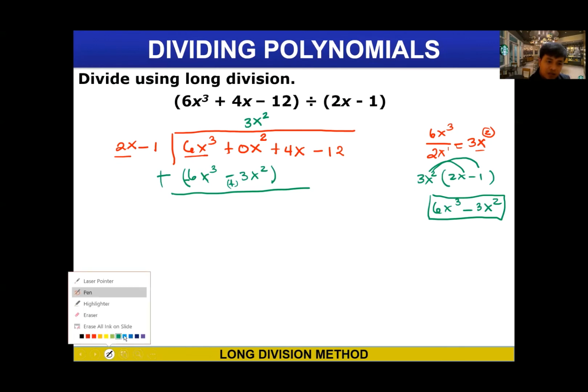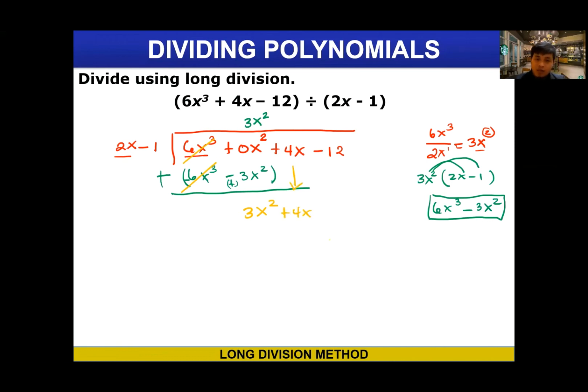Now, let's proceed and perform this. Adding this one, we can cancel that out, exactly alike but the signs are opposite. Then 0x squared plus positive 3x squared is 3x squared. And then we bring down 4x.